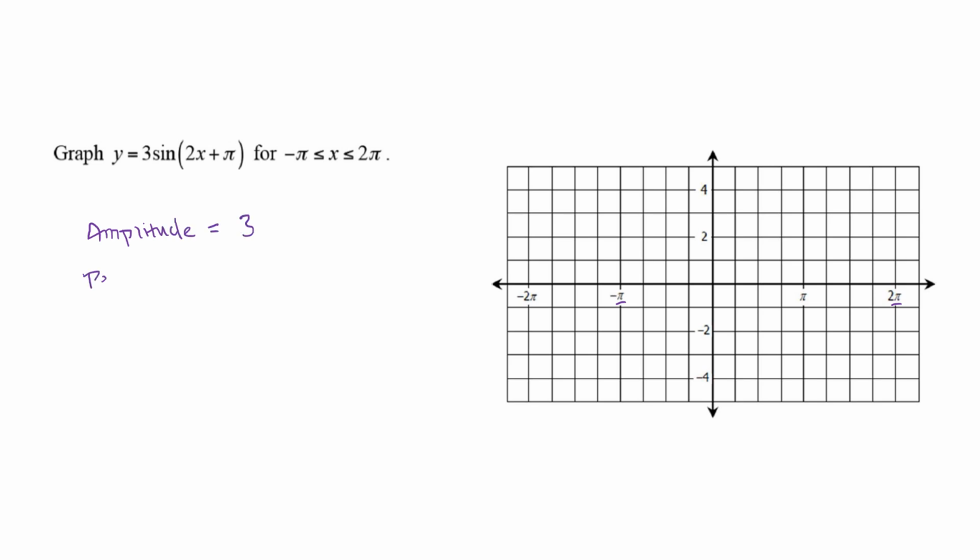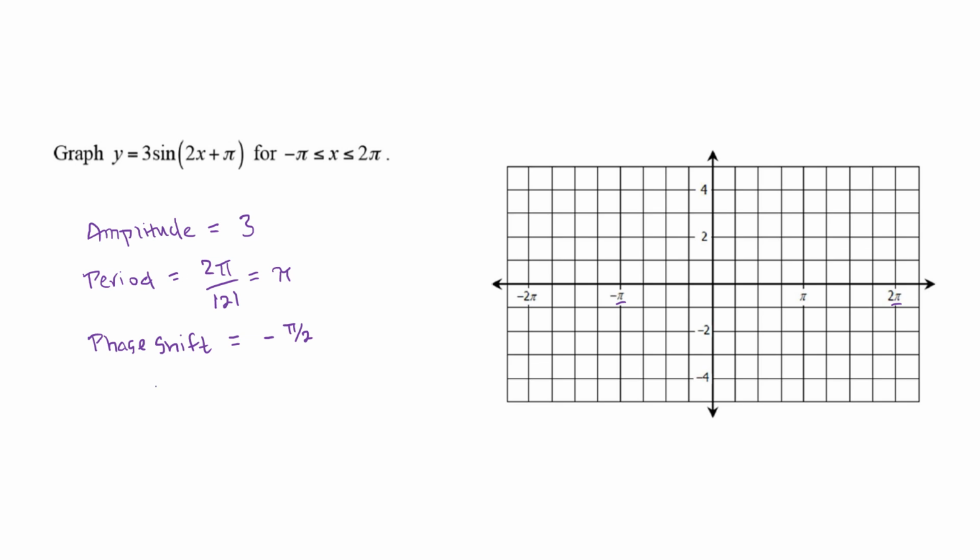Our period will be 2 pi over the absolute value of 2, which will be pi. And our phase shift will be negative pi over 2.